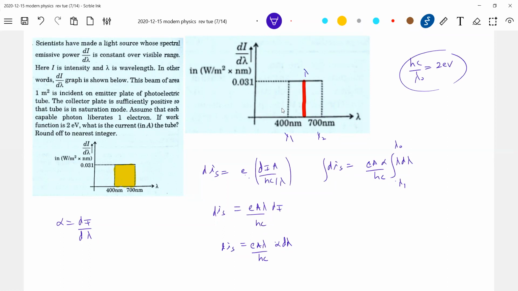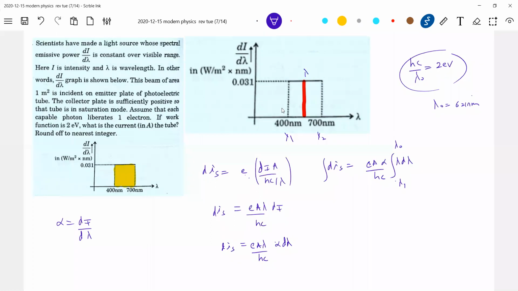We should calculate the threshold wavelength. How much will lambda naught be? 621 nanometer. Okay, 621 nanometers.